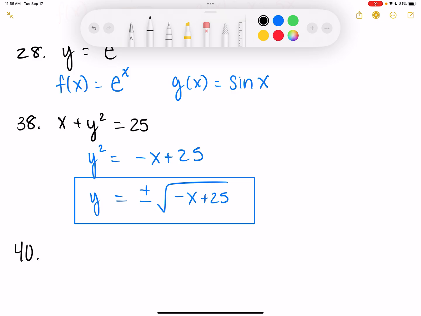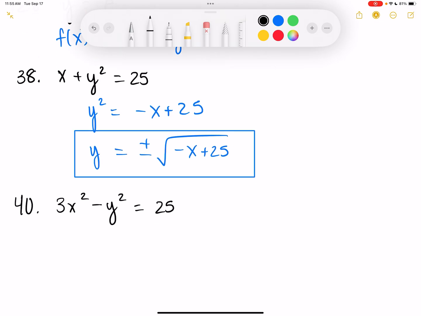40, 3x squared minus y squared equals 25. How do I get y by itself? Subtract 3x squared, so negative y squared equals negative 3x squared plus 25. Now what?